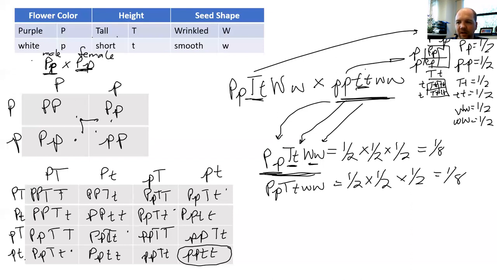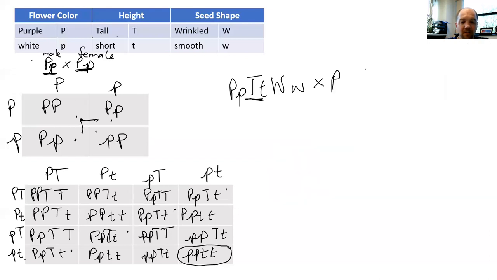So one parent's going to be heterozygous. And let's say that the other parent is homozygous dominant for flower color, but they are heterozygous for height, and they're heterozygous for seed shape, okay?